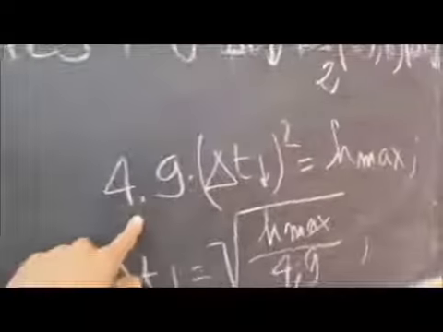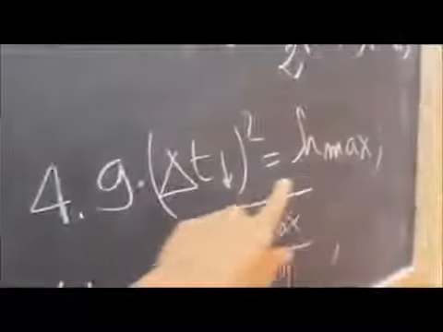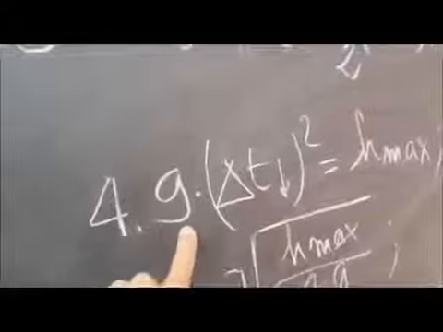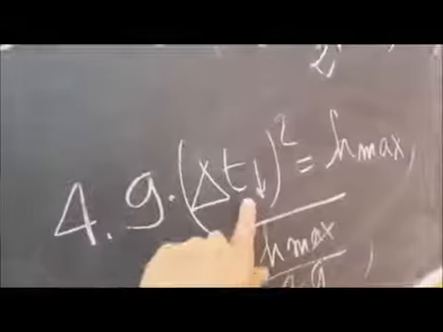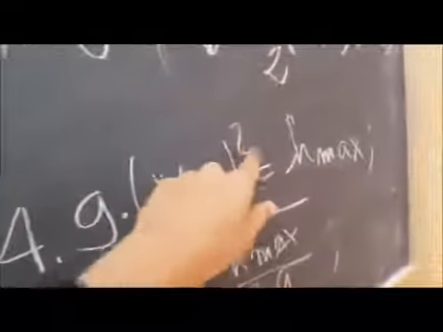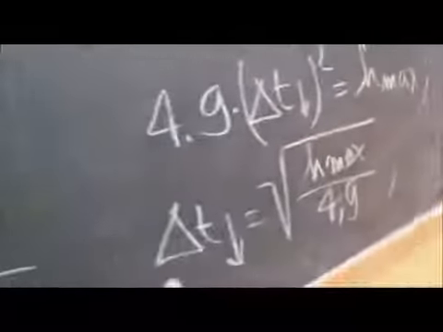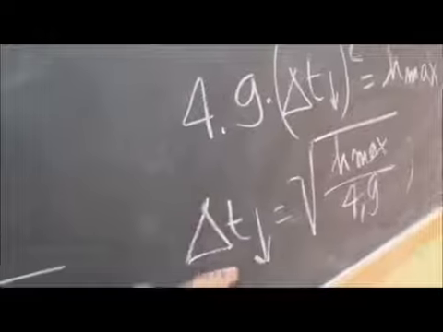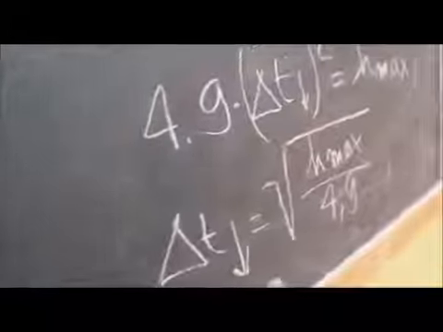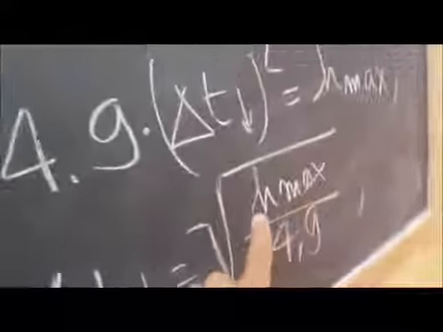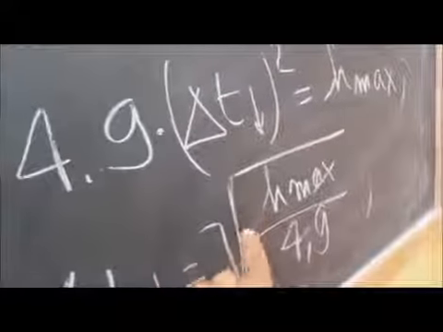So you can easily see that this is going to be a constant formula. 4.9 times delta t to go down squared is equal to maximum height. So the time to go down to touch the ground is always the square root of the maximum height over 4.9.